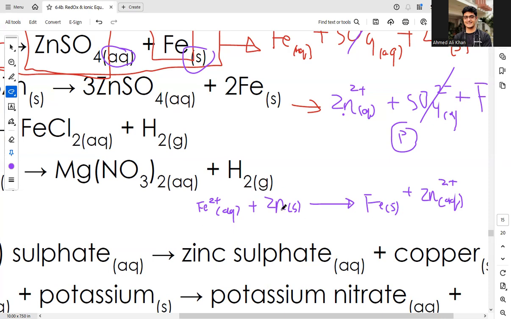Aslan, what is the oxidation state of zinc on the reactant side? Zinc is in its free form, it's solid. Quick, what is the oxidation state of zinc? Zero. Yes, excellent. What is the oxidation state of iron on the reactant side?